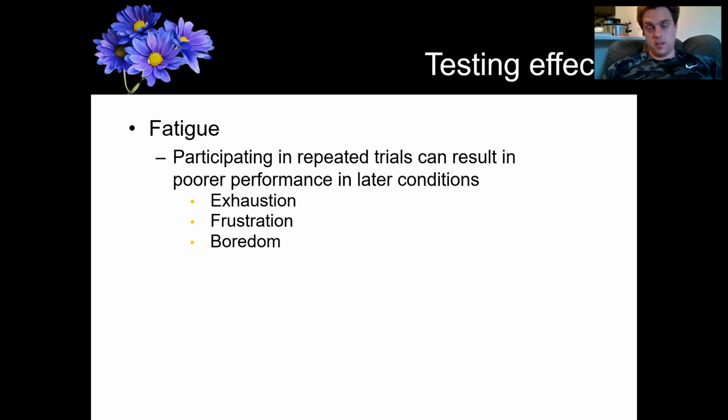We'd expect obviously that the cell phone is going to cause more mistakes. Well, that certainly is the case, but couldn't it also be because they're getting tired doing the cell phone condition second? Maybe they're making more mistakes because they're exhausted, frustrated with the experiment, bored, they want to get out of there. Maybe they just don't care as much, right?